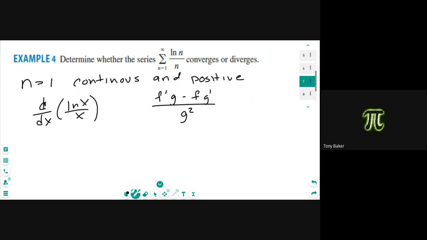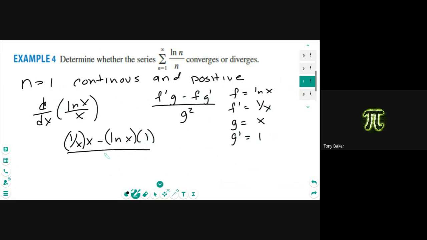So if f is ln of x, what's f prime? 1 over x. If g is x, what's g prime? 1. So my derivative is 1 over x times x minus ln of x times 1, over x squared, which is 1 minus ln of x over x squared.